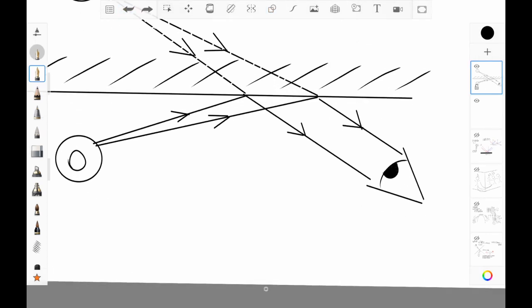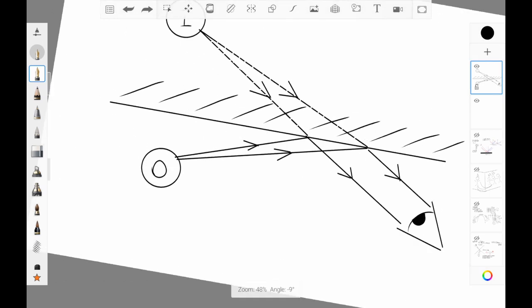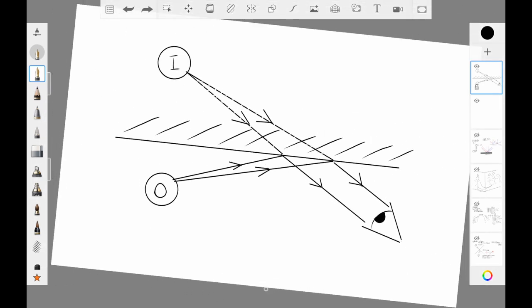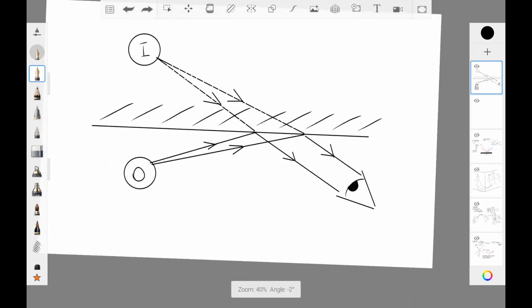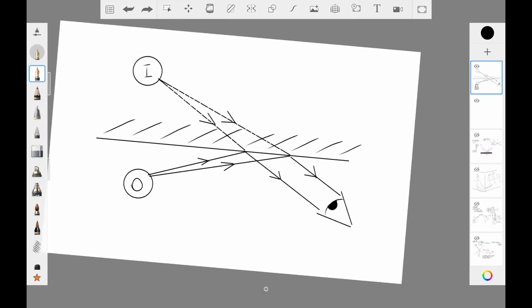It's just your normal eye. And I have object O that's been reflected on the mirror. So this is the real side, this is the mirror side, with I, of course, being the reflected image. Now, when you look at a mirror, you can see the reflected image.